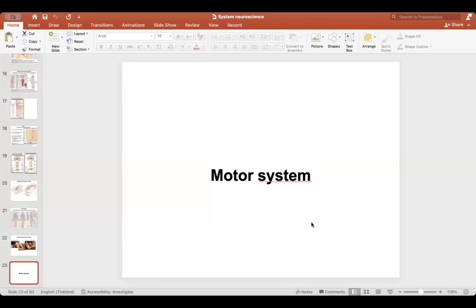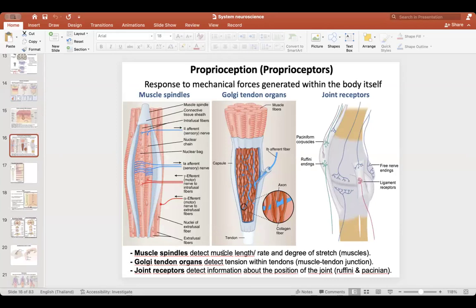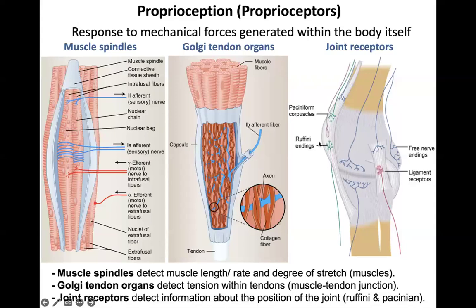One thing I forgot actually, let's go back a little bit. So we talked a lot about the skin, right? Here I forgot to mention this. We will discuss this again, but I just want to emphasize that these receptors, proprioceptors, the ones in muscle, in the Golgi tendon, the connection between muscle and tendon, and the joint, are a very important signal from the body that tells your brain how much pressure you should put, okay?